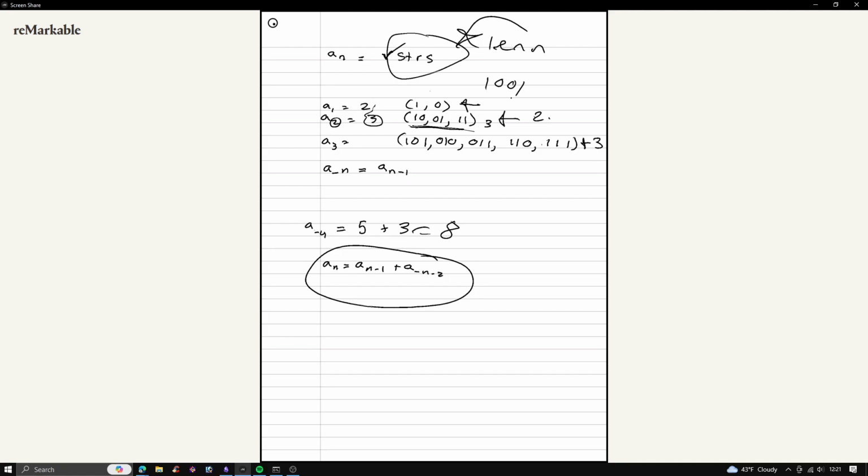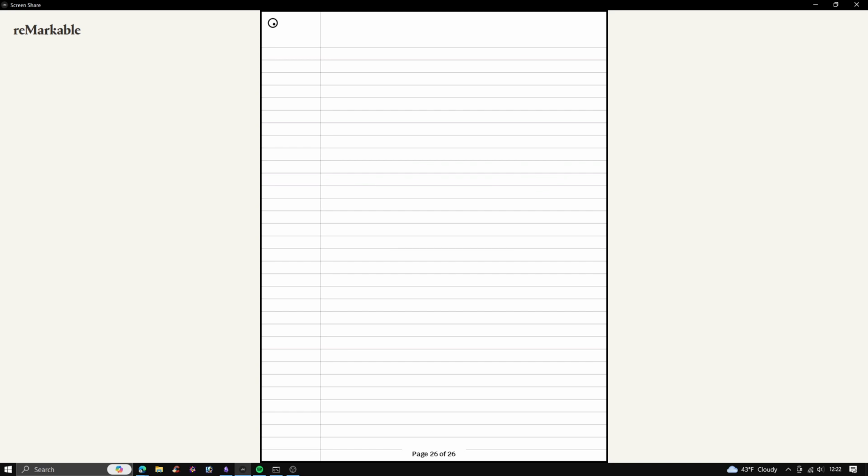Now on to complexity. So consider binary search.